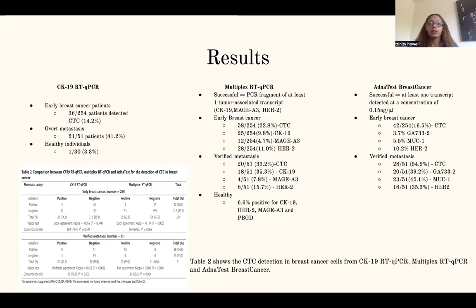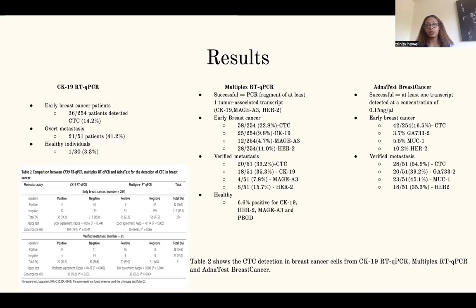For the verified metastatic patients, 39.2% showed expressions of CTC, 35.3% showed expression of CK19, 7.8% showed expression of MAGE-A3, and 15.7% showed expression of HER2. In the healthy individuals, there were 6.6% that were positive for CK19, HER2, MAGE-A3, and PBGD, which is the control.